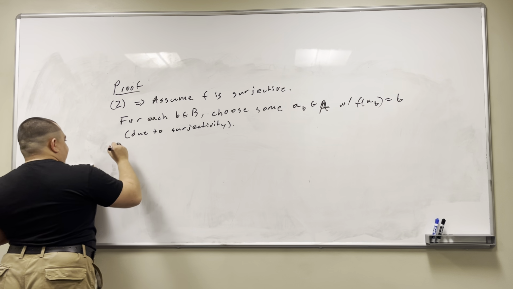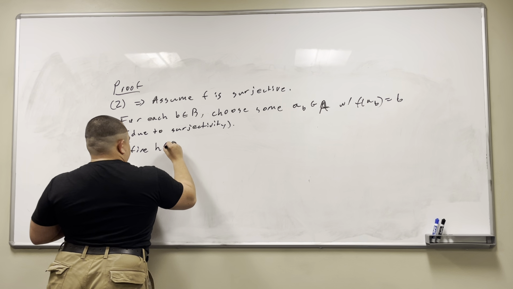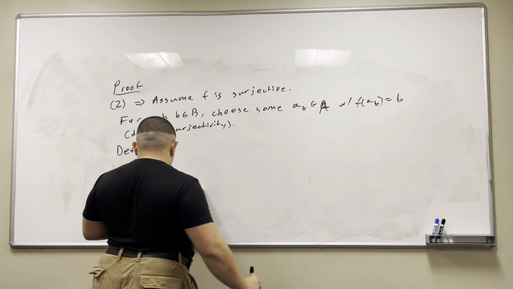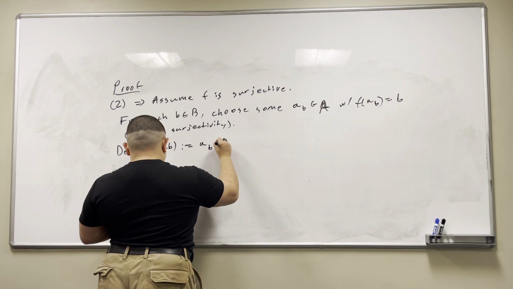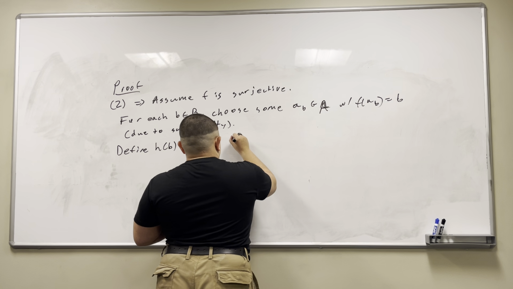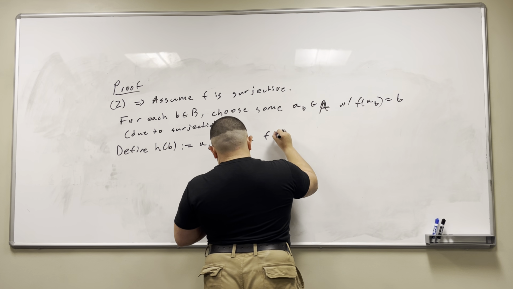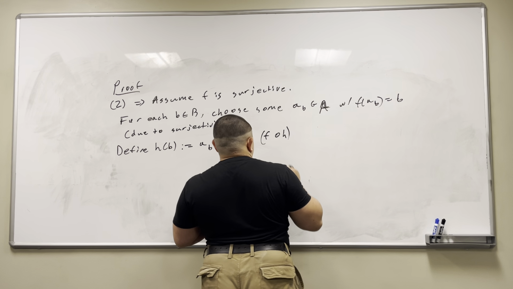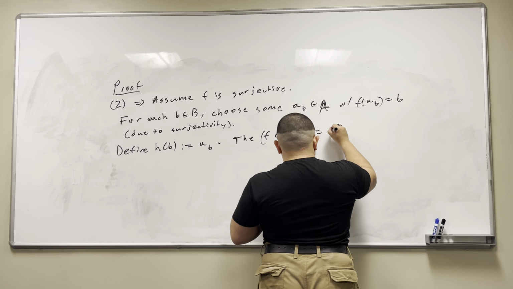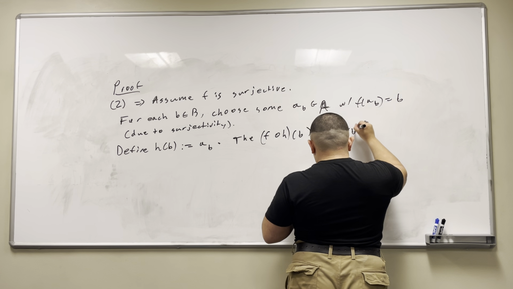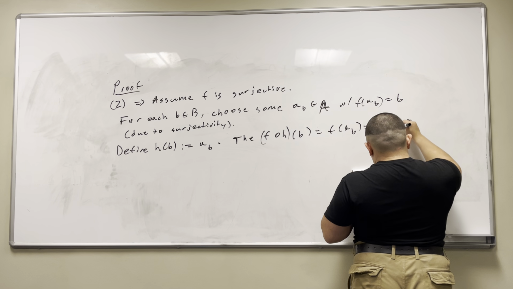Now, let's define h of b to be equal to a_b. Then, as a consequence of that, f composition h of b is equal to f of a_b, which is equal to b for all b.